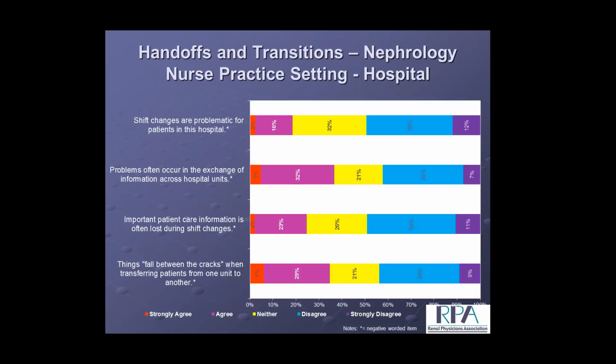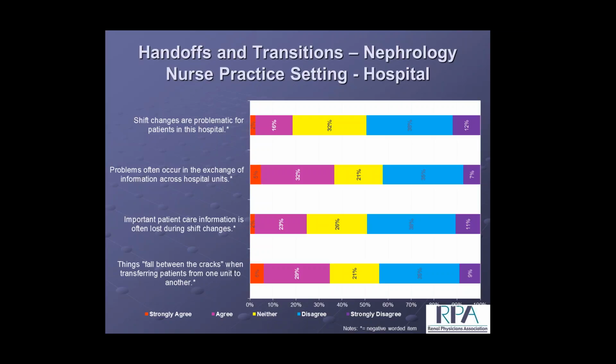We're now going to talk about handoffs and transitions. The first one was in the hospital setting. When the nurses were asked whether shift changes were problematic for patients in the hospital, about 18% strongly agreed or agreed. That's the red and purple colors.